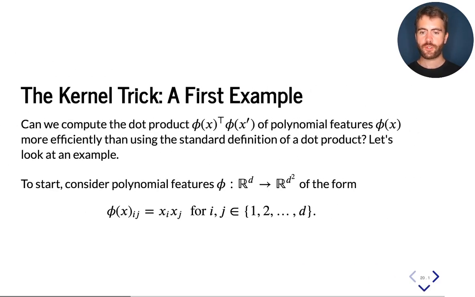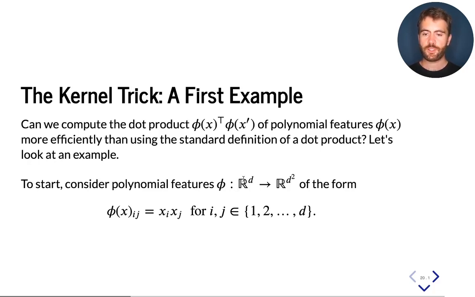Let's look at this kernel trick in the context of polynomial features. Imagine that we have features that have this form. First of all, my input x is going to be a d-dimensional vector of attributes, and let's say these are numerical real numbers.